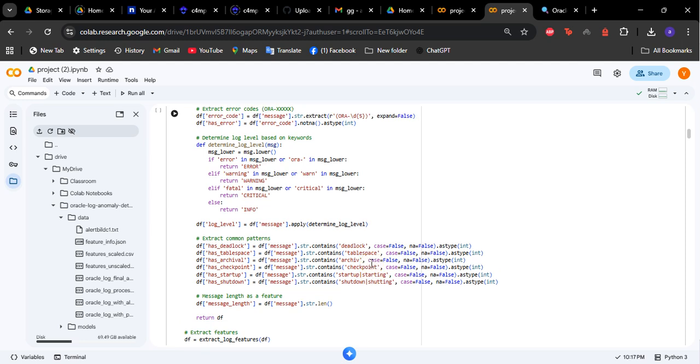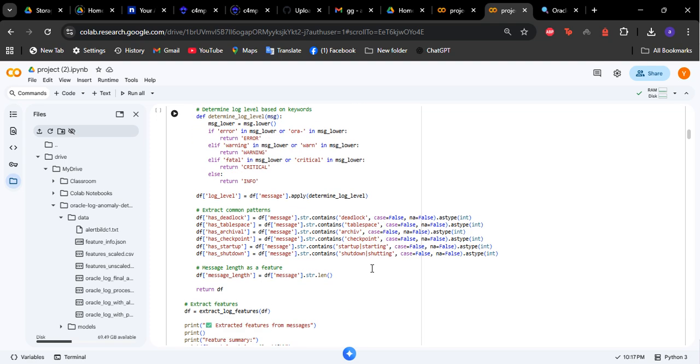With the help of NumPy, if my column has any deadlocks, tablespaces, or archival checkpoints, I have done a flagging. If it is true then it is Y, and if it is false then it is N.